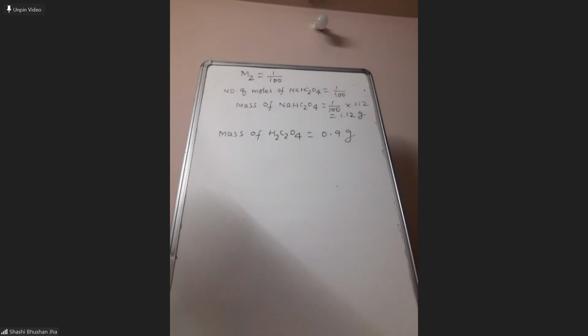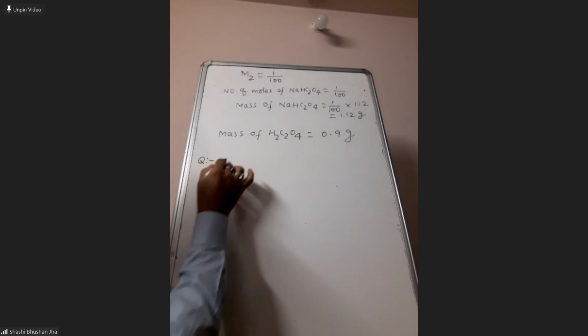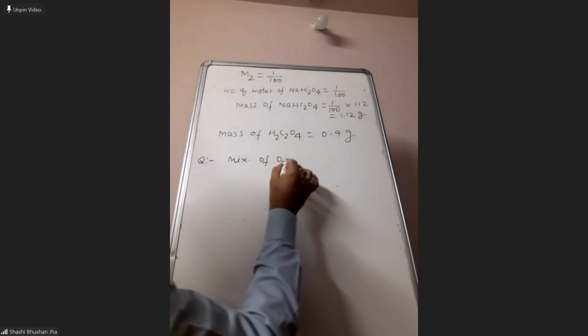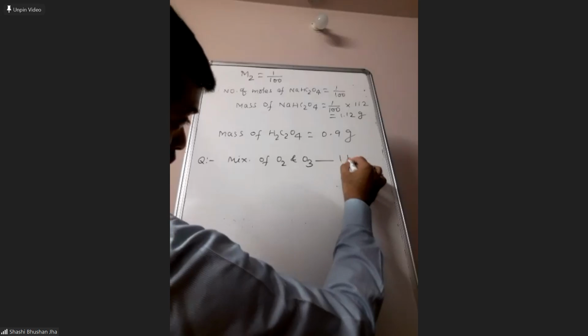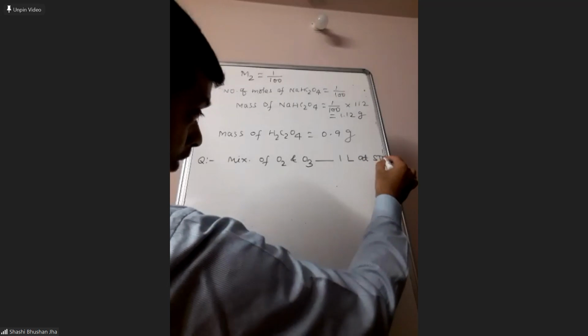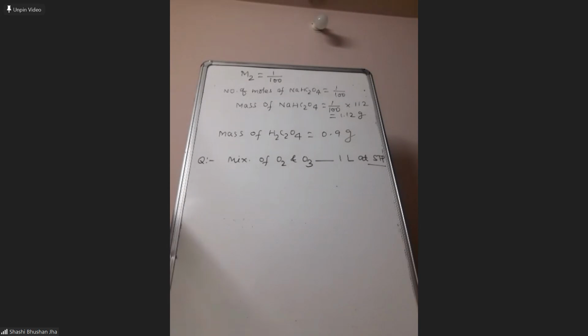Right, there is a mixture of oxygen and ozone, and its volume is 1 liter at STP.